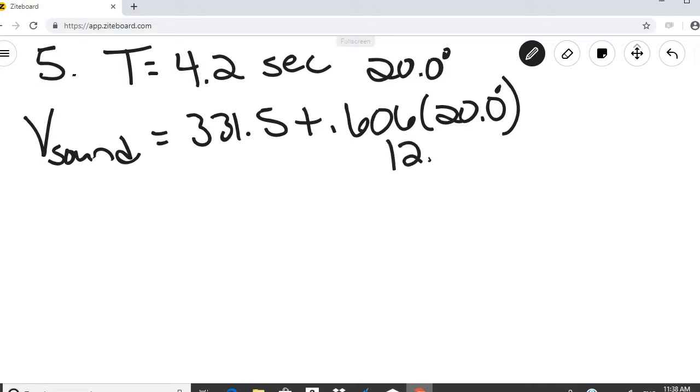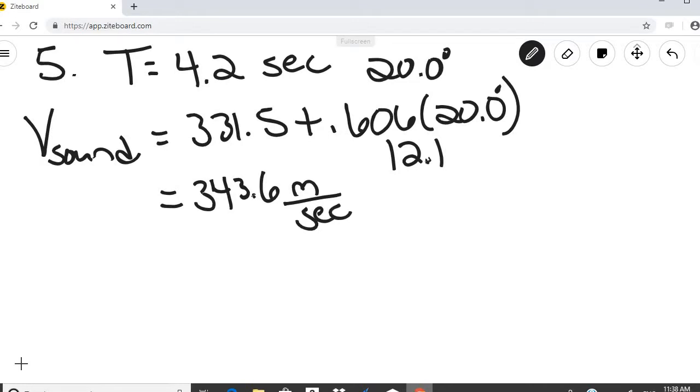So this is going to be 12.1. And then we'll add it to that, and we can go out to the tenths place. So this should be 343.6 meters per second. Okay, so that's our velocity.